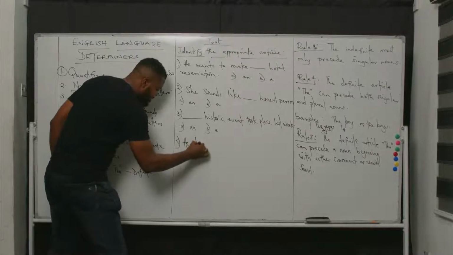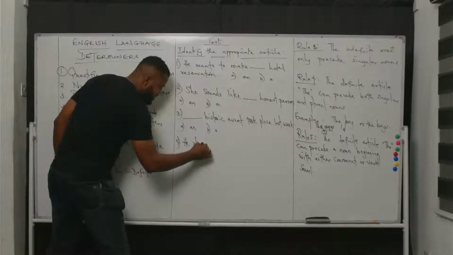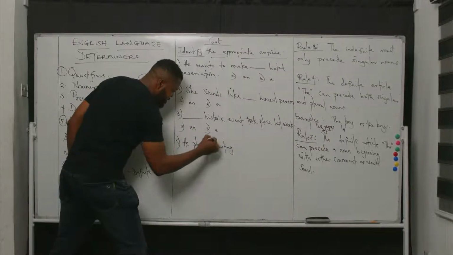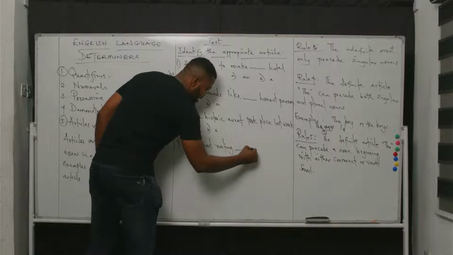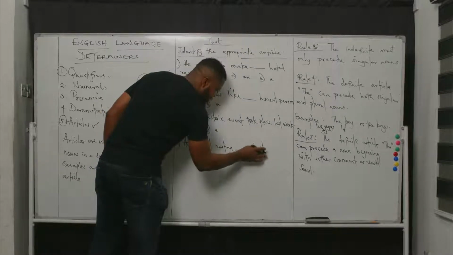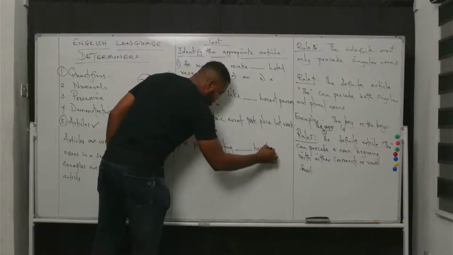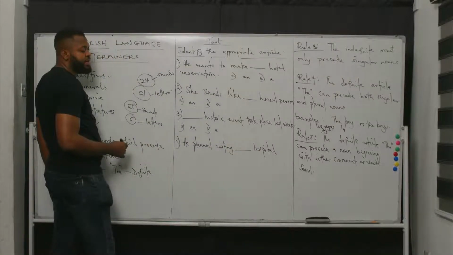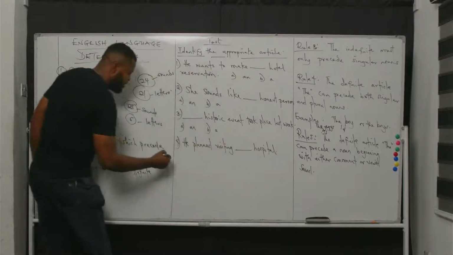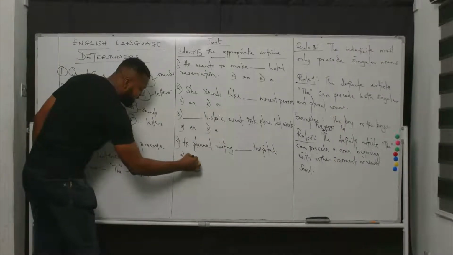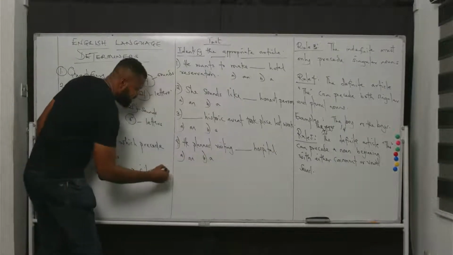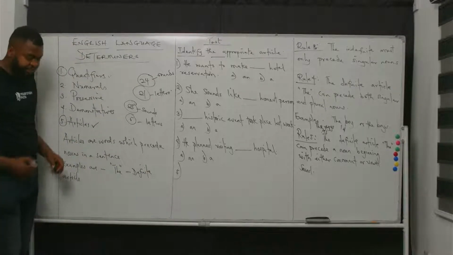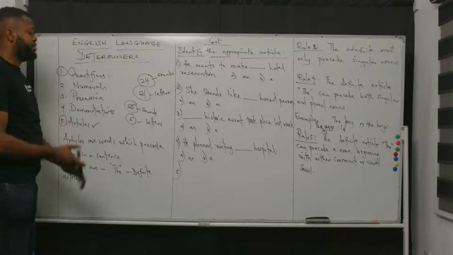He planned visiting dash hospital. Full stop. Option letter A, AN. Option letter B, A. Number 5.